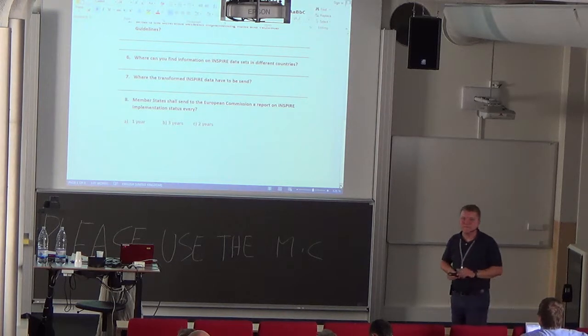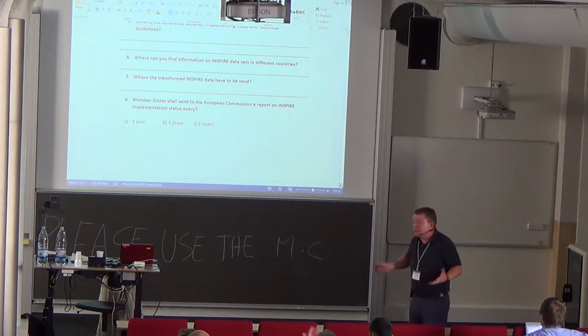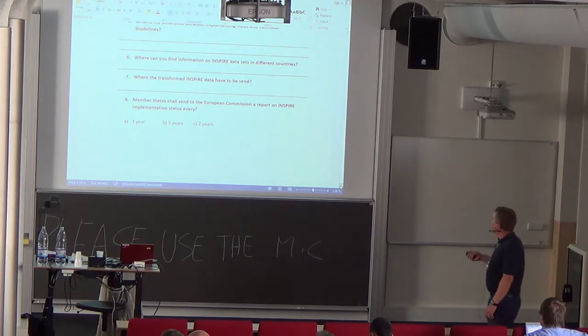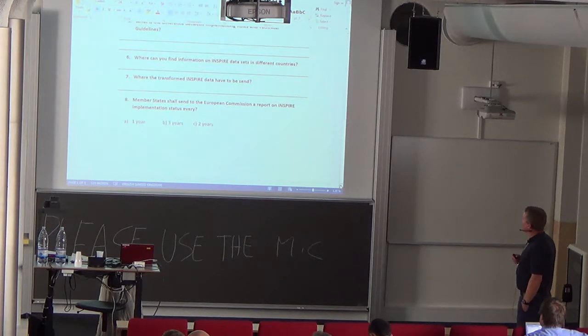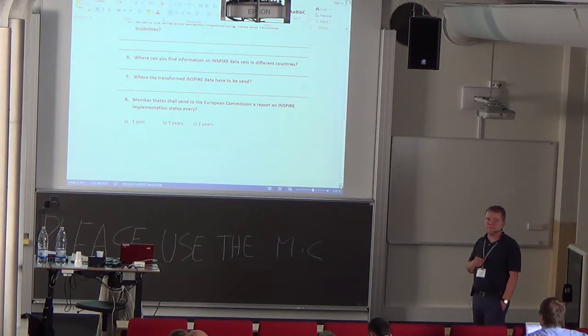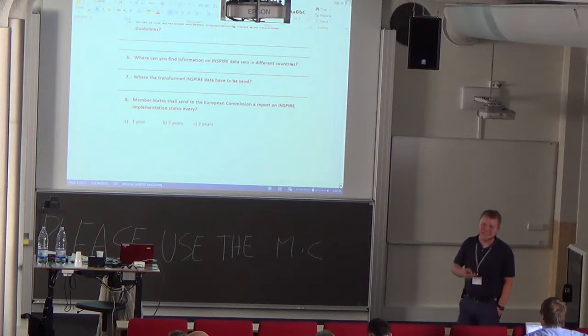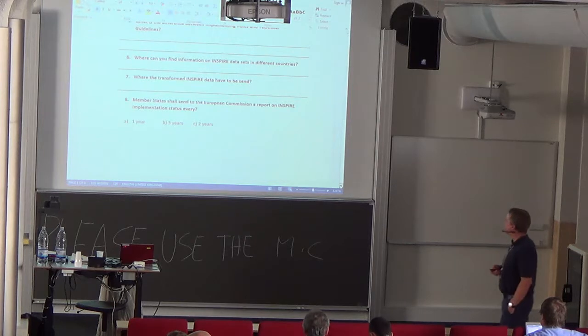Through the Inspire Geoportal at the moment, yeah, that should be the answer, no? Where do the transformed Inspire data have to be sent? Nowhere. Yeah, they have to be published, not sent.